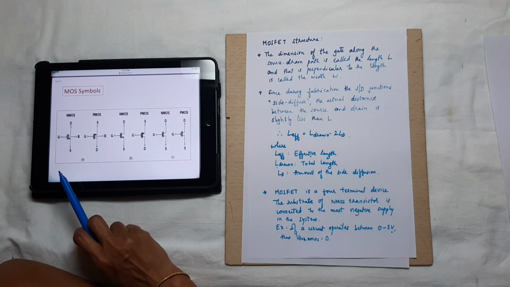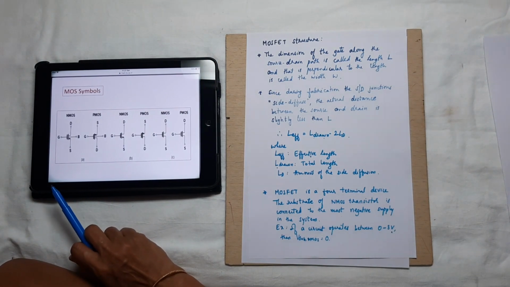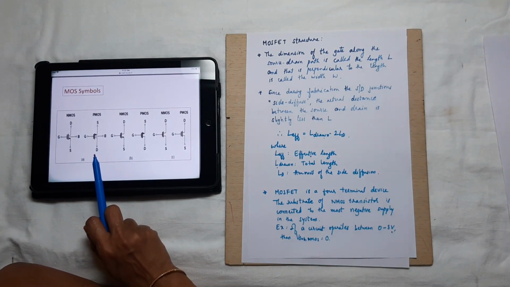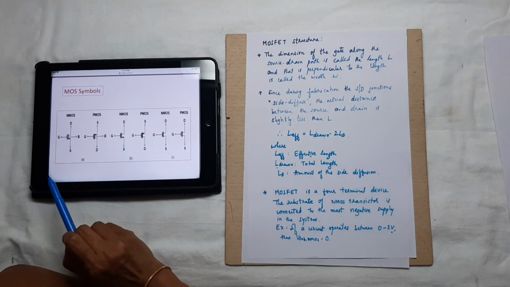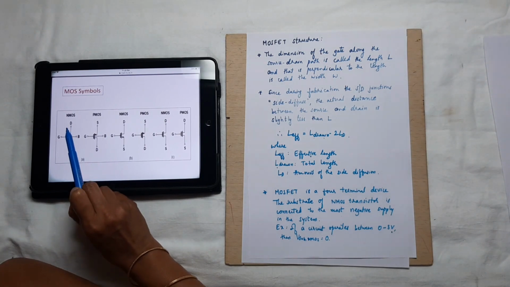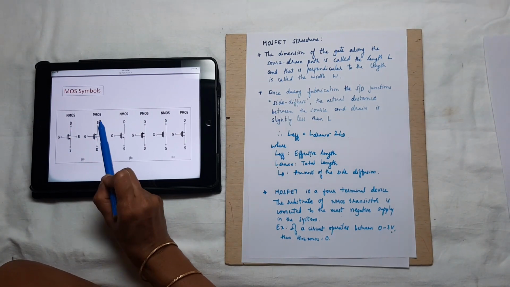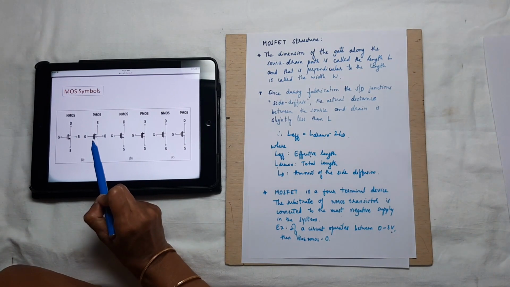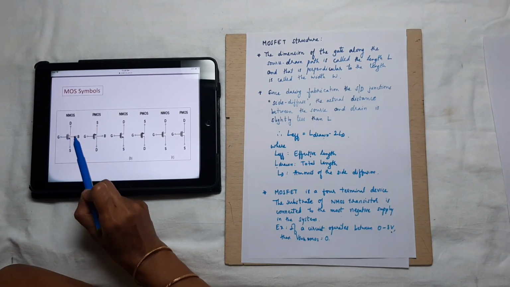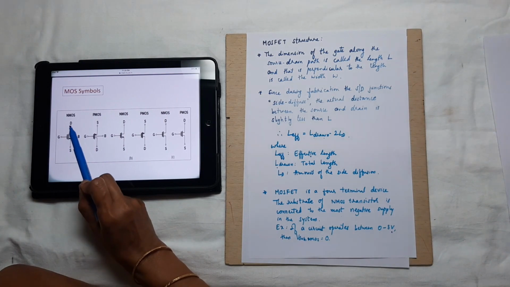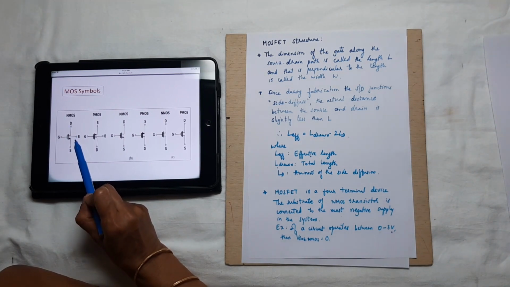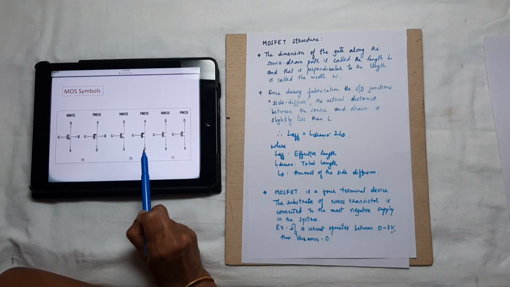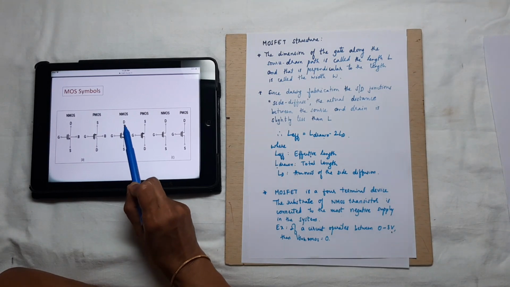There are various ways of representing the MOS symbols. This is the first type of representation, where the arrow mark outside represents the NMOS and the arrow mark inside represents the PMOS transistor. Here 4 terminals are represented: source, gate, drain, along with the bulk terminal. Here only 3 terminals are represented: source, gate and drain.